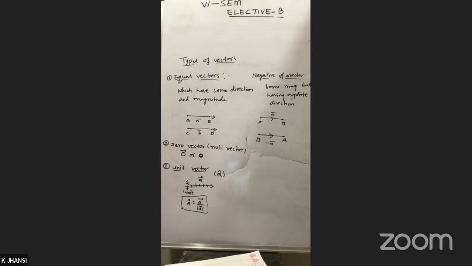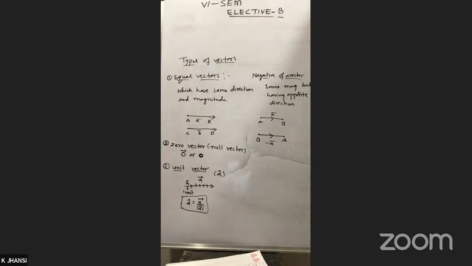Non-zero vector means a vector whose magnitude is not zero. If it has magnitude not equal to zero, it is called a proper vector or non-zero vector. So magnitude of A equals A, which is greater than zero. That is called a non-zero vector.